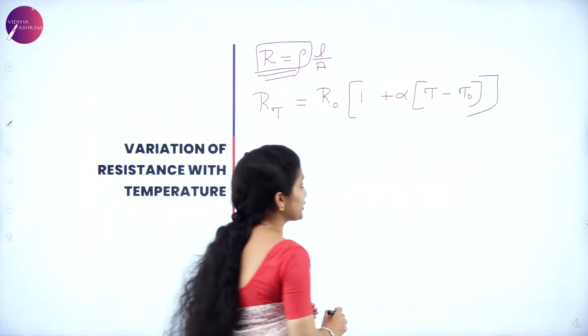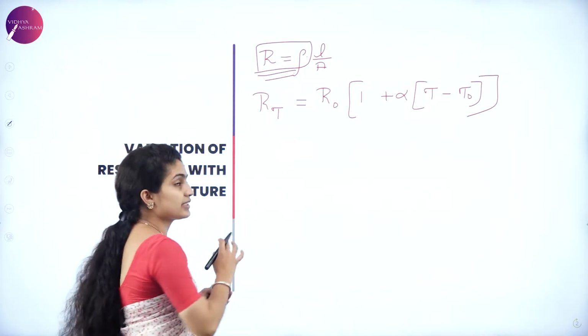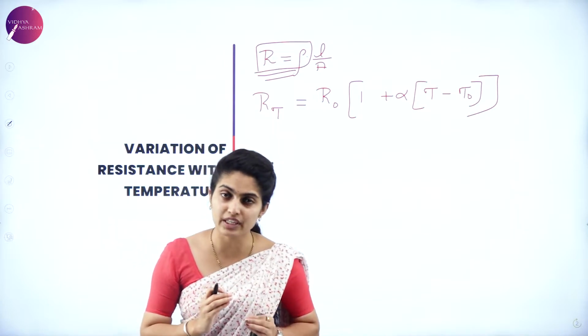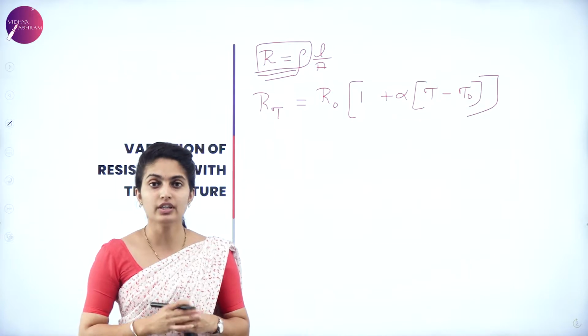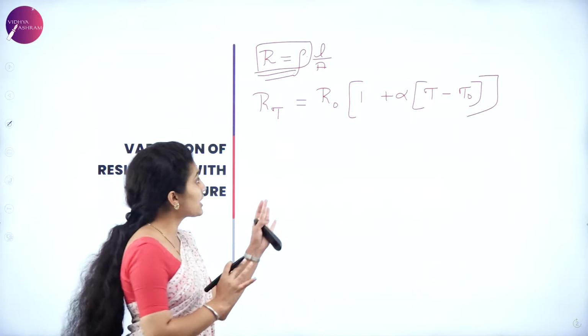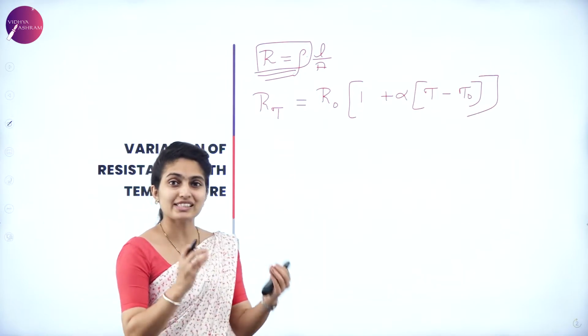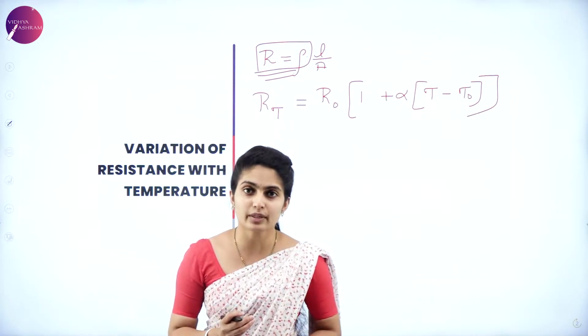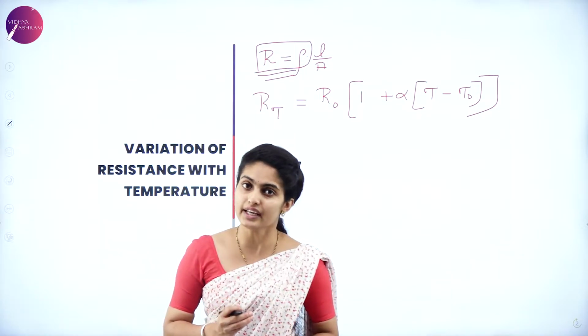Here R naught is the resistance at zero degrees Celsius, the standard temperature we are considering, which is 273 Kelvin.